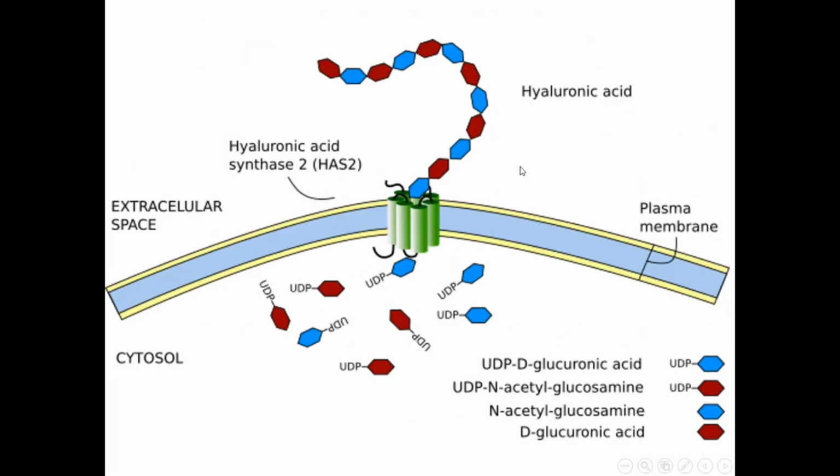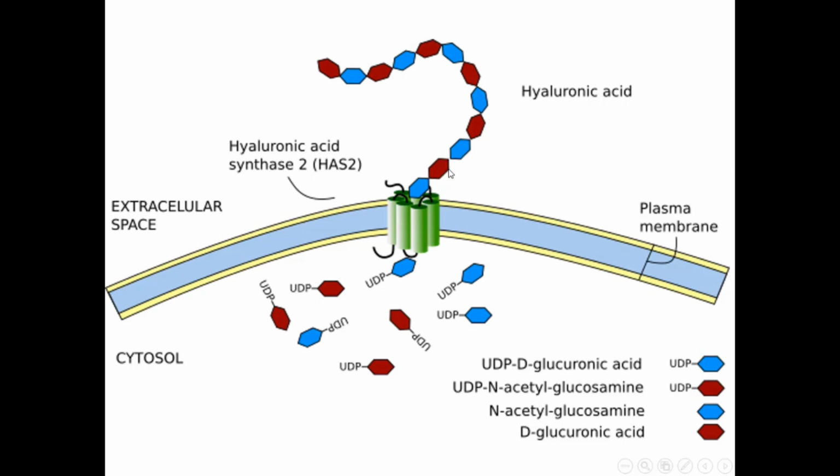Hyaluronan or hyaluronic acid, unlike the other GAGs, is produced by an enzyme on the cell membrane. It means hyaluronic acid is synthesized by the enzyme on the cell membrane directly out of the cells, into the extracellular matrix.